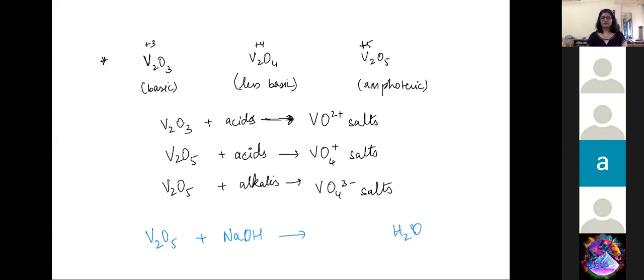So what will be the formula of the salt formed here? Of course, all of them are aqueous. Give me the answer, all of you. Put it on the chat. What is the salt formed when vanadium pentoxide reacts with sodium hydroxide?